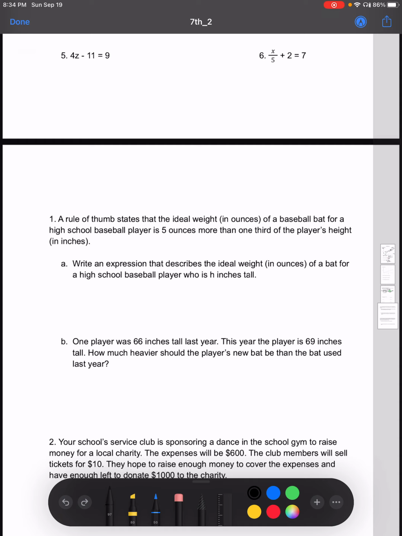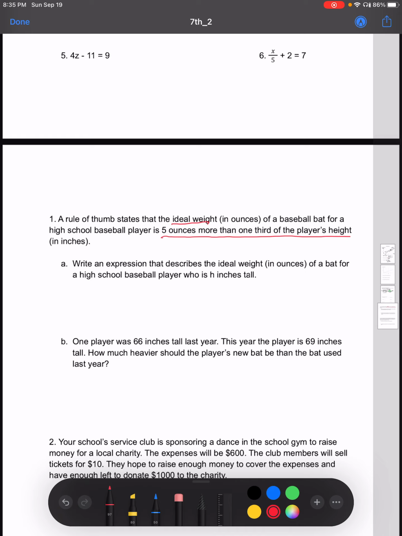A rule of thumb states that the ideal weight in ounces of a baseball bat for a high school baseball player is 5 ounces more than 1/3 of the player's height in inches. Part A. Write an expression that describes the ideal weight in ounces of a bat for a high school baseball player who is 8 inches tall. So if we look at the problem again, we see that the ideal weight is 5 ounces more than 1/3 of the player's height.